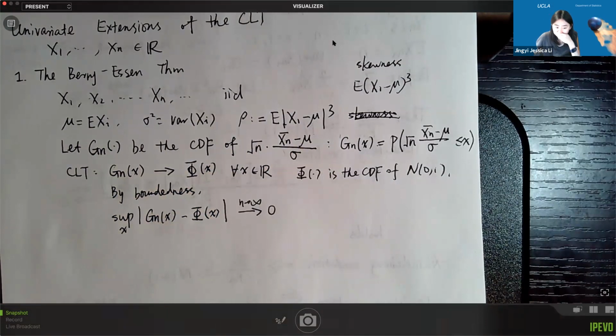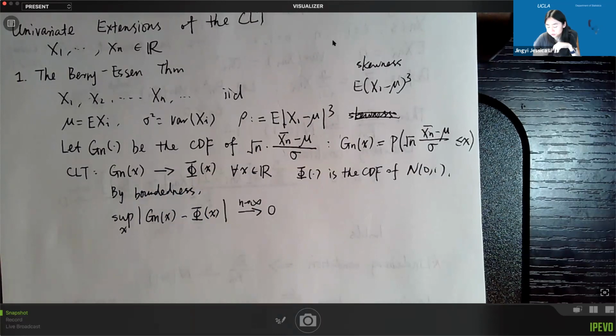So what is the difference between uniform convergence and pointwise convergence? We briefly talked about this when we discussed the Glivenko-Cantelli theorem, regarding the convergence of the empirical CDF to the population CDF. Here it's a similar argument.